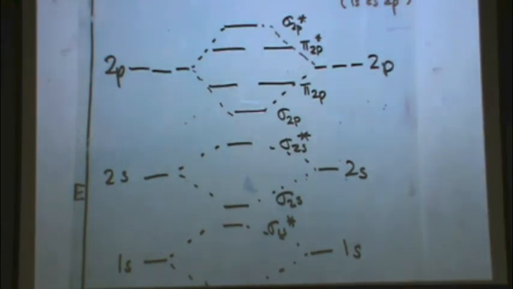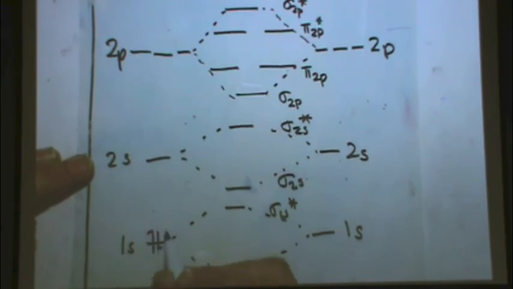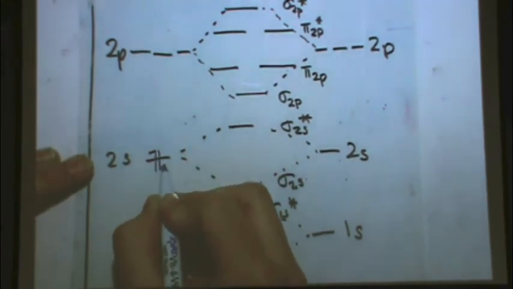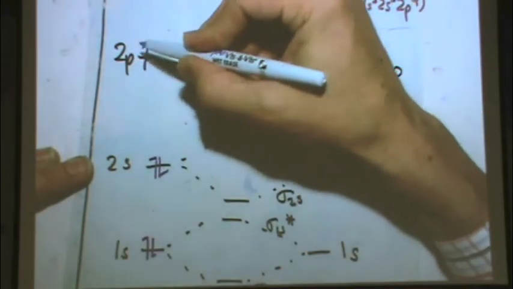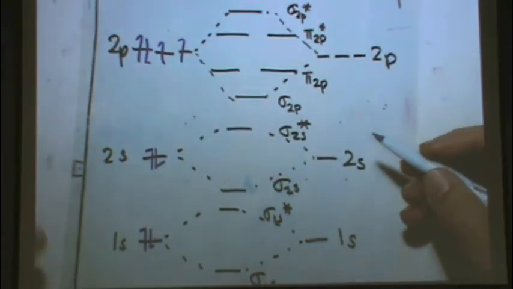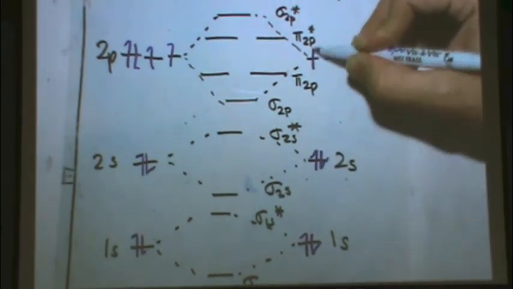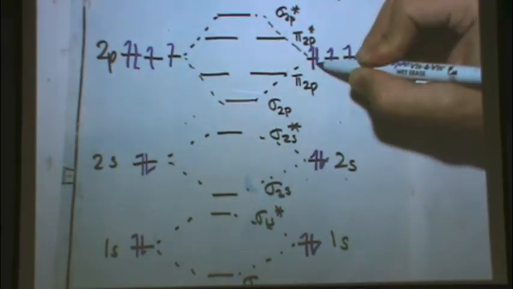Let's fill in the electrons now, since we're talking about them. 1s2, 2s2, 2p4. 1, 2, 3, and paired 4. And same for the other side, 1s2, 2s2, 2p4. 1, 2, 3, 4.